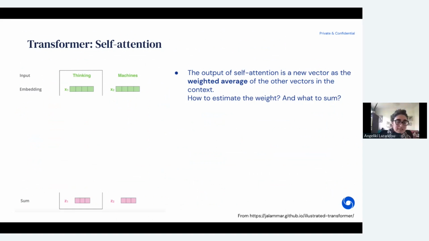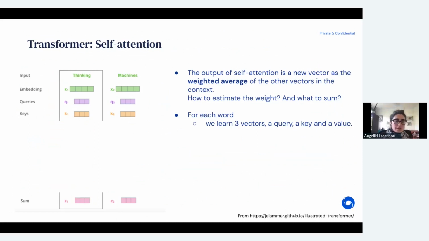In practice, what this means is that the new version of it, Z1 in this case in the picture, is going to be the weighted average of all the vectors in the context. So it is now going to be some weighted average of all the other vectors in that particular sentence in which it existed. There are two questions here that we would have to answer. How to estimate that weight so that we can do the weighted average, but also what exactly we are summing. So what are the vectors that we are going to sum to produce it?